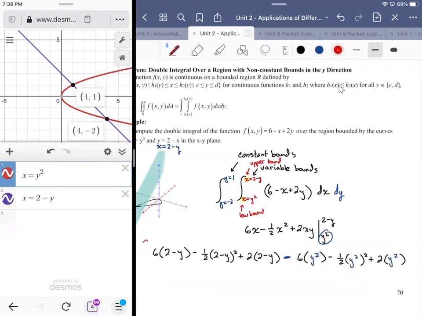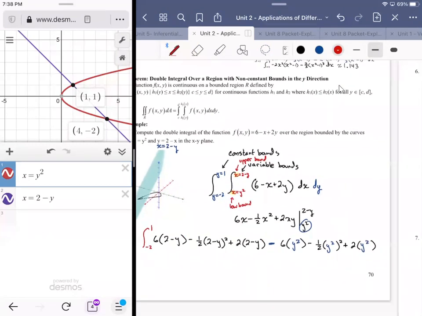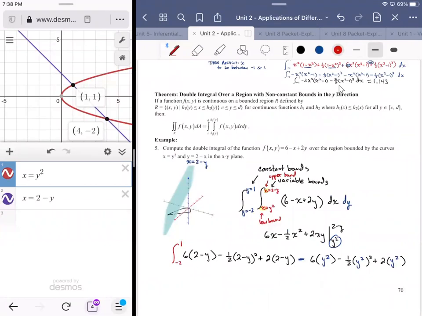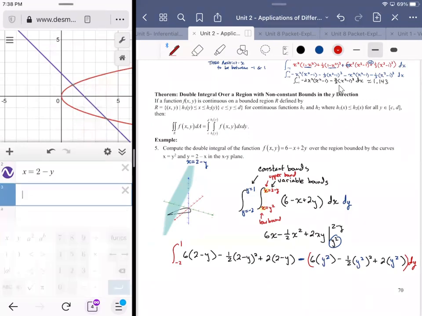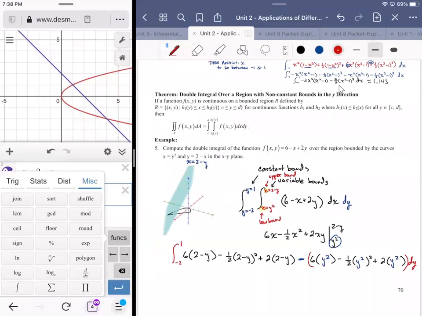All right, so that's -2 to 1, and it's now a dy. So you can go through the process of cleaning it up. I lost some parentheses along the way here. You can go through the process of cleaning it up, but it just strikes me as the kind of thing where it's not really going to clean up too much. So it's one of those situations where it's just kind of like suck it up and just start typing.